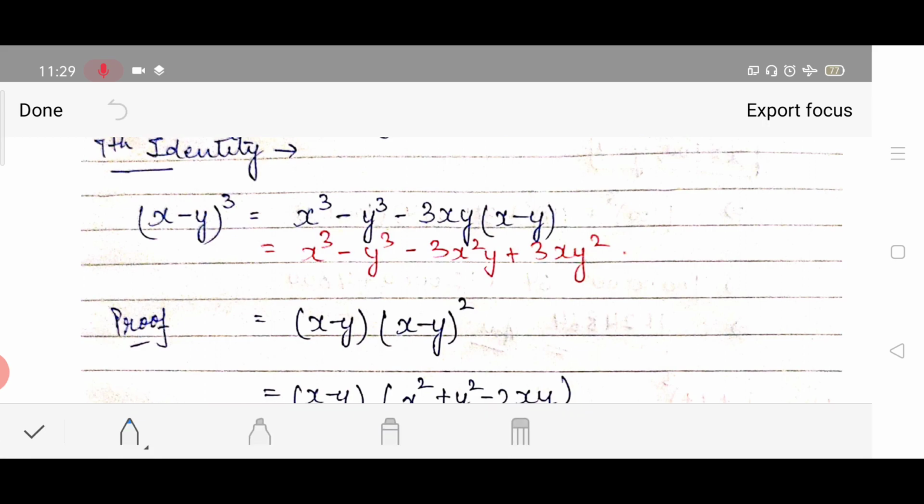So what we have written here: x³ - y³ - 3xy(x - y). If you multiply 3xy by x, you will get this, and if you multiply -3xy by -y, you will get +3xy². So these both values are also the same. These both identities are right.